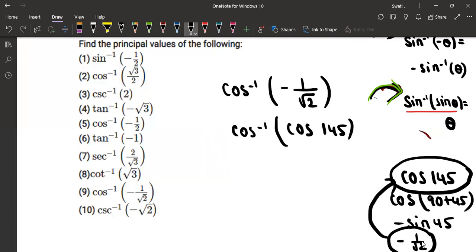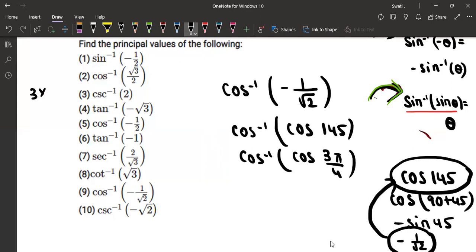I'm writing that. Now, of course, I can write this cos 145 in terms of pi, right? So what will this become? If you just try to convert this in terms of pi, it will become 3 into pi by 4. Now let's check whether this is 145 or not.